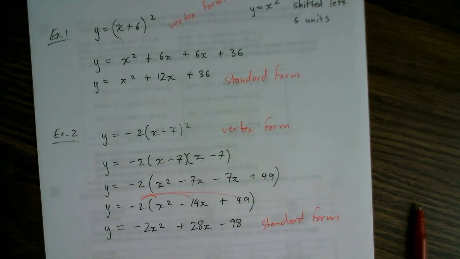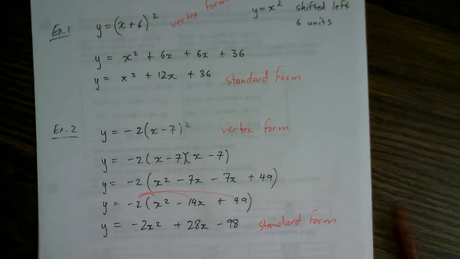Why do we call this vertex form and this standard form?